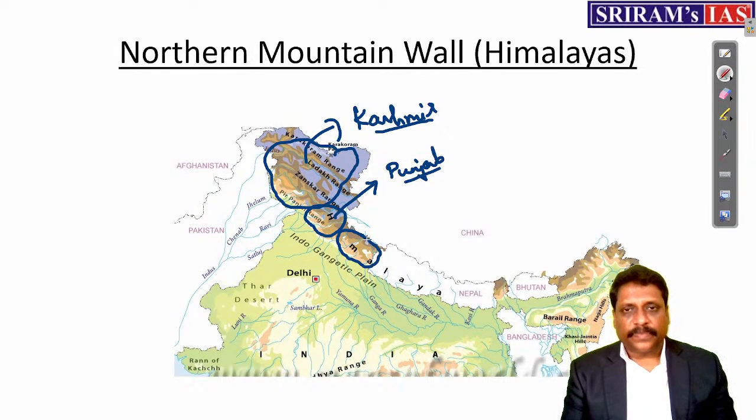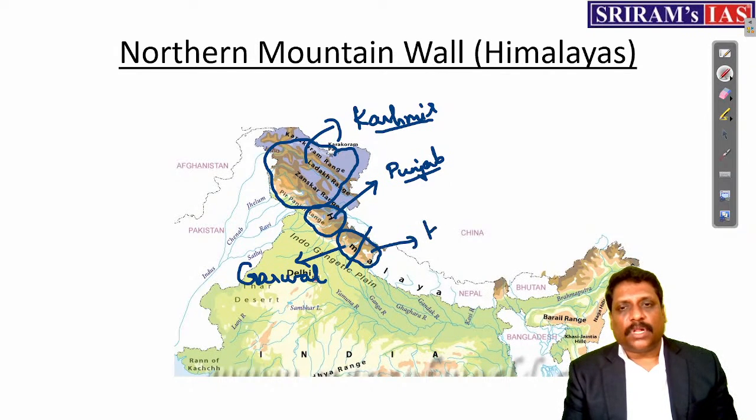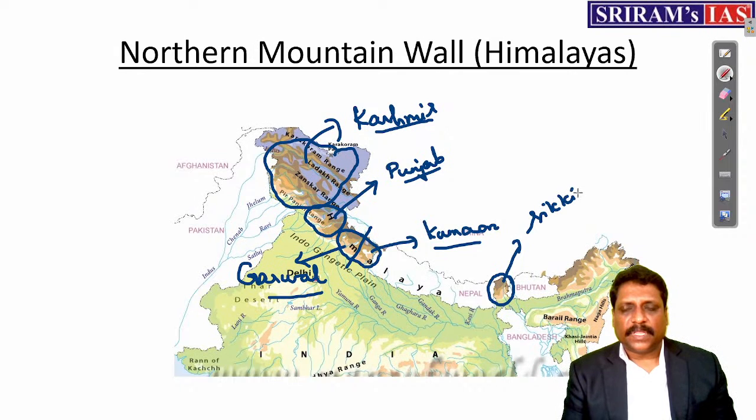Uttarakhand itself, I can divide them into two. What lies in the western side, you call them as what? Garhwal Himalayas. And what you have in the eastern side, you call them as what? Kumaon Himalayas. Right? And of course, Darjeeling Hills and others, I can call them as what? Sikkim Himalayas.